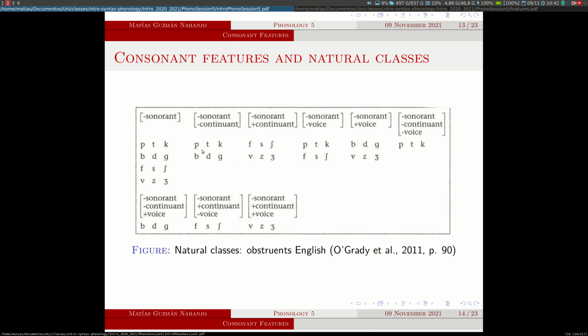In this particular case, we can say that these consonants are minus sonorant and minus continuant. This group is minus sonorant and minus voiced. This is minus sonorant and plus voiced, etc. So using feature bundles, we can target individual sets of phonemes at once, and that's kind of the point.